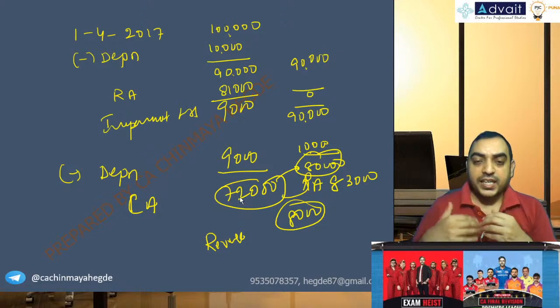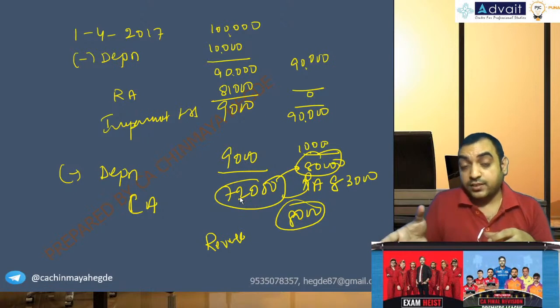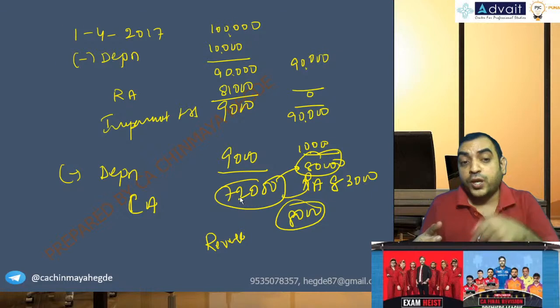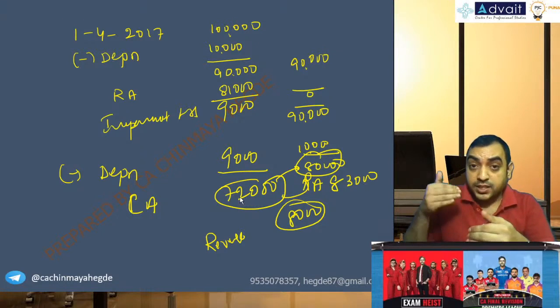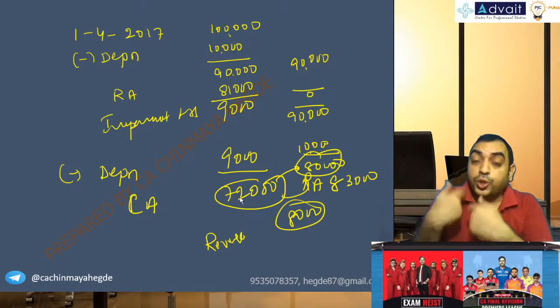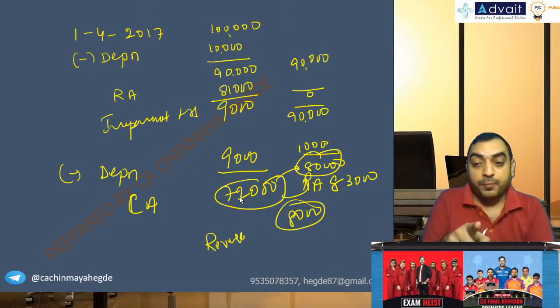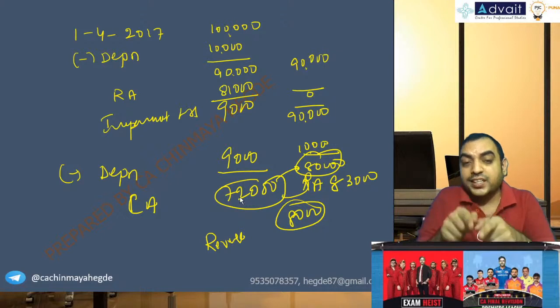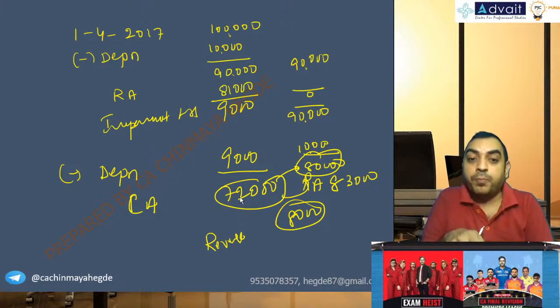Now, if the carrying amount was 72,000 but the recoverable amount is now 83,000, the carrying amount would have been 80,000 if there was no impairment. That means the existing carrying amount compared to the carrying amount if there was no impairment. I repeat, the existing carrying amount to the carrying amount if there was no impairment.